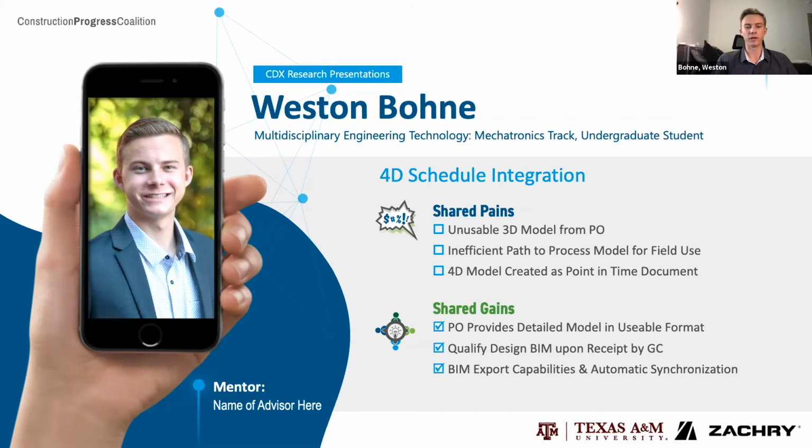So you know you're working with a good model that will be useful in the 4D situation. And then finally, we go from the 4D model being a point in time document to assuming that it's going to be a real, usable and helpful thing because of all of this automatic synchronization that can occur. So just an overall much better usable workflow.